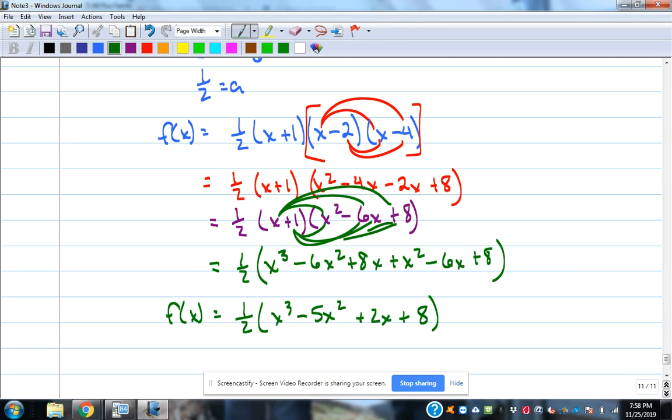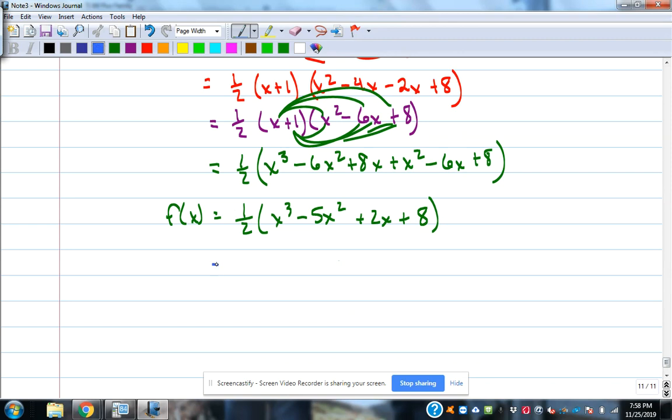X cubed didn't have any alternatives, so it's right away. Last step is multiply that half to everybody. And you're done. Finally. 1/2 x cubed minus 5/2 x squared plus x plus 4.